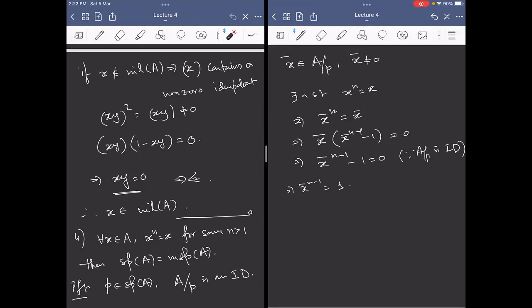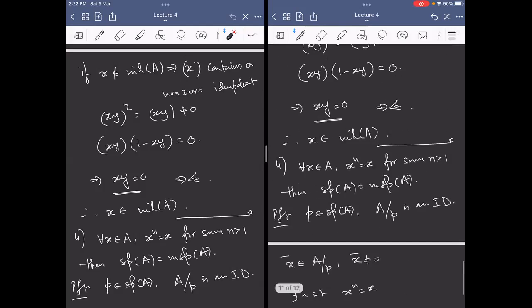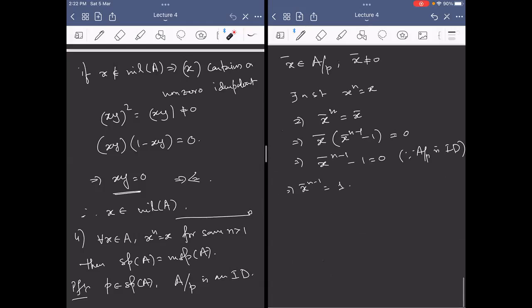If n is 2, then x bar to the power 2 minus 1, that is x bar, is 1. Therefore, it is already a unit. So this proves that A mod P is a field, and thus P is a maximal ideal. So this was very trivial.